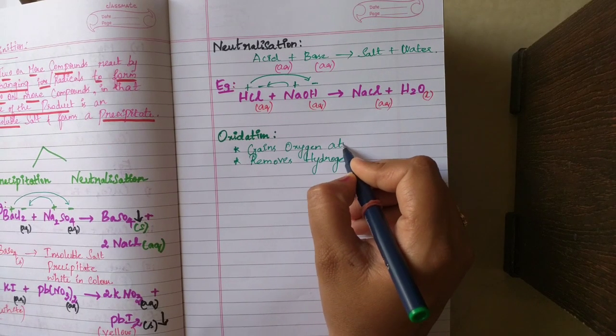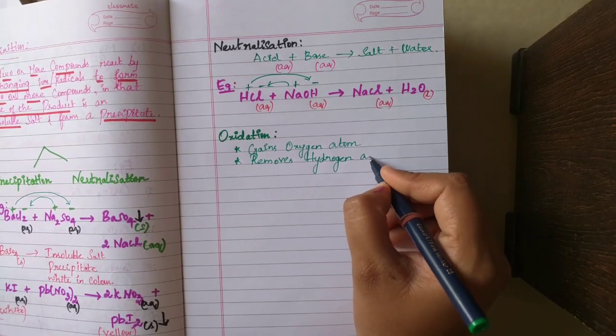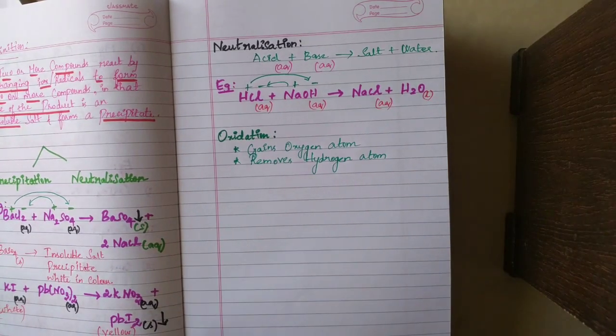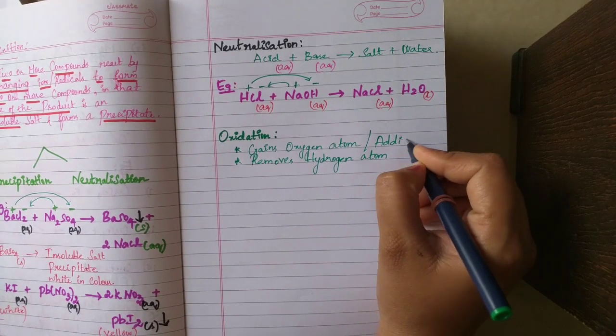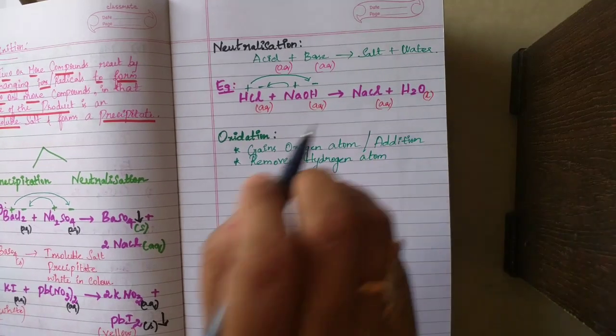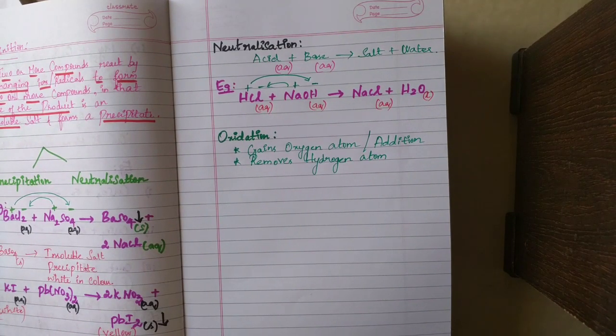Gaining oxygen atom or removing hydrogen atom is known as an oxidation reaction. Gains means addition, students; it is addition of oxygen. Clear, students? It is a very important definition.